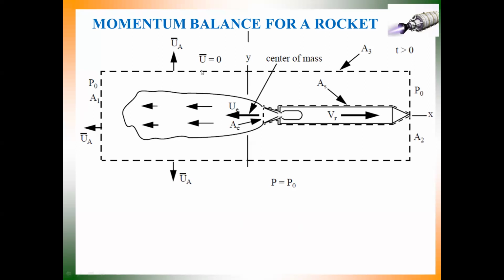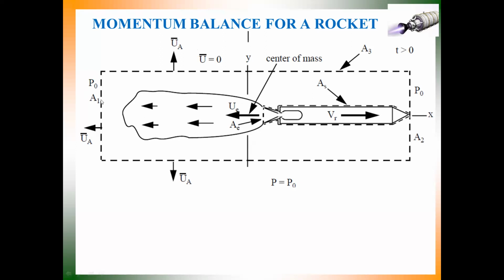Outside of the system, u is given as zero, and exactly at the boundary, u is equal to u of a. So it is within a thermodynamic system. You know how we can define a thermodynamic system.